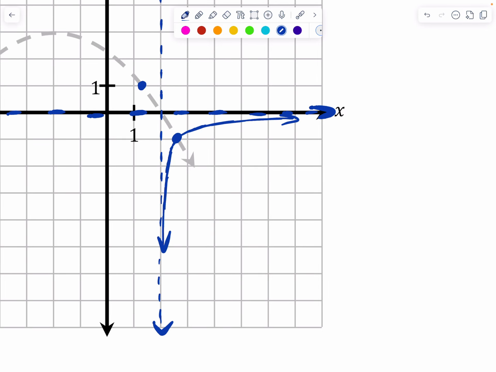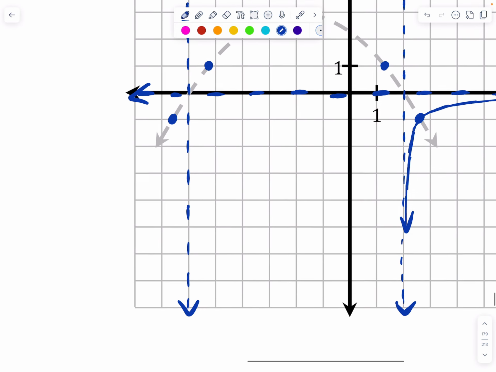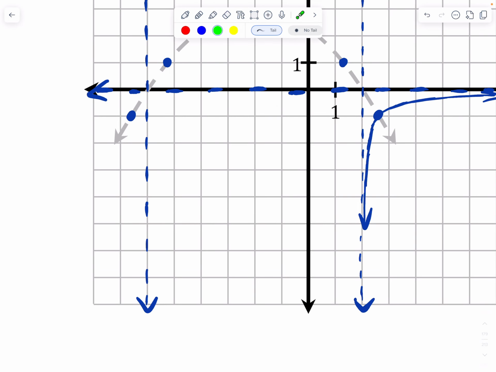I'll do the way left section next. Original was negative here, so I'm staying within this box, but trending towards those asymptotes. I could do that better.